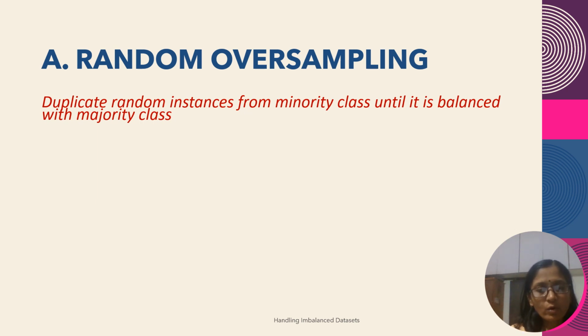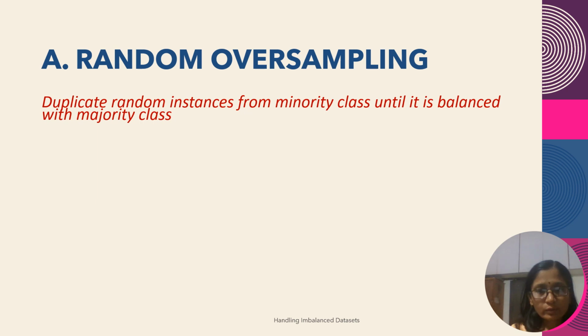In our case, we have to increase the number of records of attack classes to match the normal class. So how to do that? We take the same records and create duplicates of the records until we get the count same as that of the majority class.